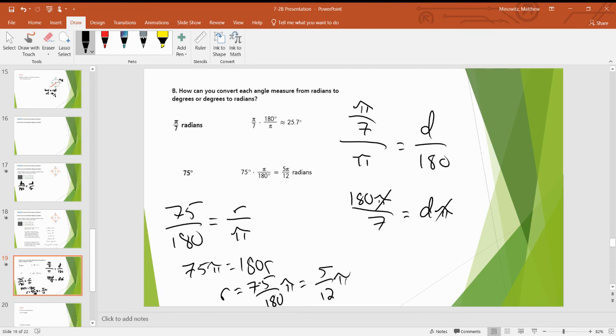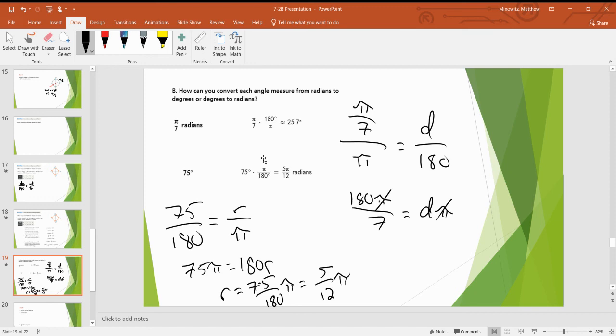I don't need to remember, is it multiply by pi, divide by 180, or backwards? I set up the proportion. I'm great at solving proportions, and I can think I'm going from degrees to radians. I have my ratio for degrees, my ratio for radians, and I can convert. But if you want to memorize the so-called shortcut, go for it.